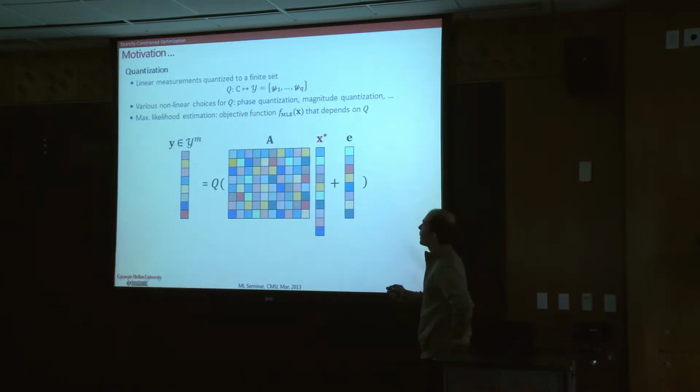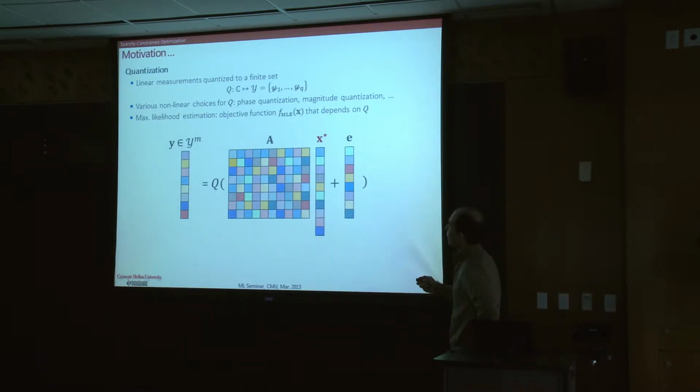Another example is quantization, which is almost always necessary in digital communications and signal processing. So the point is that you have linear measurements, but they are quantized to a finite set, let's say y1 to yq. And then you can choose different types of quantizers.